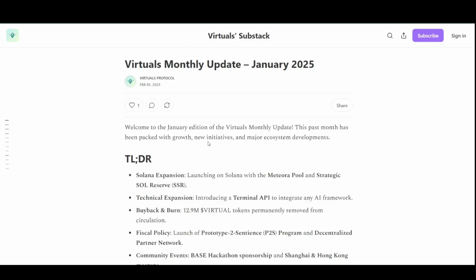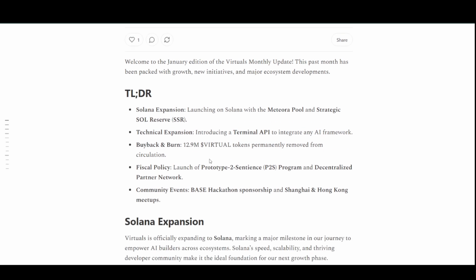And if you look at the overall summary for the virtual protocol in January, as you can see here, the basic TLDR is that they are going to do the Solana expansion. After that they are also looking at technical expansion as well, and they did buy back and burn around 12.9 million virtual tokens, permanently removed from circulation, so that's a massive deal.